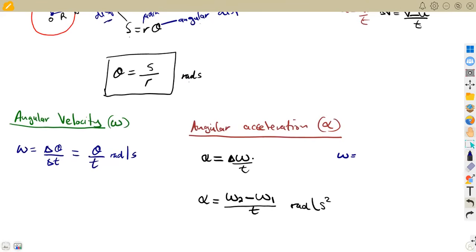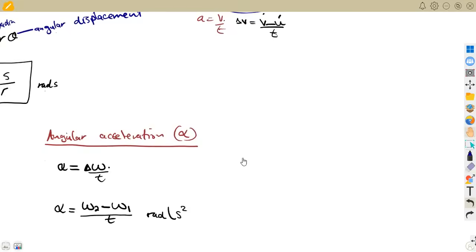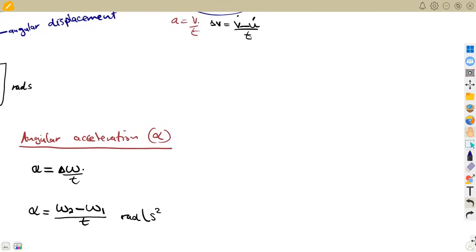Let me elaborate by writing, so that it can make sense. When given speed in revs per second, remember our speed in revs per second will be n. So we can calculate our omega from the speed.